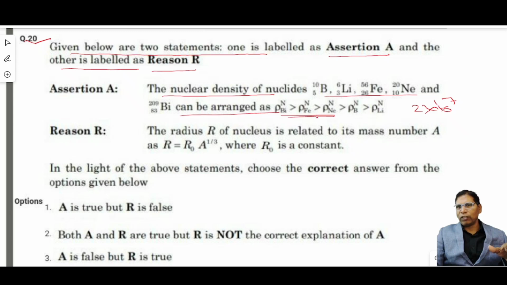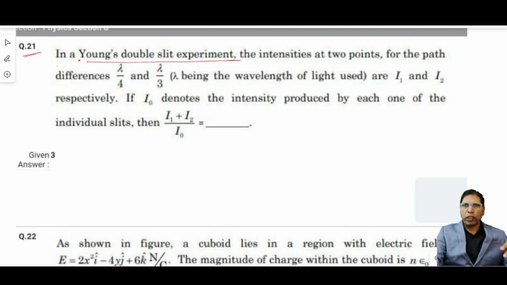So this is false. The radius R of the nucleus is related to the mass number A. This is the correct option. So A is false and R is correct. So option C is correct. Understood? Look at this, question number 21.